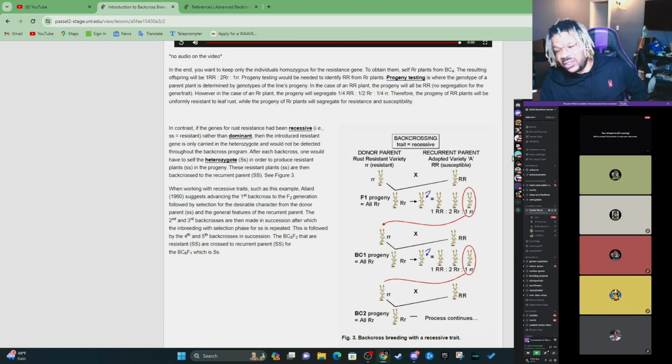So once we back cross to the recurrent parent, move. So what I see is they went once, they found what they were looking for, they went again twice, they doubled up on it, and they kept going, and then they were done.